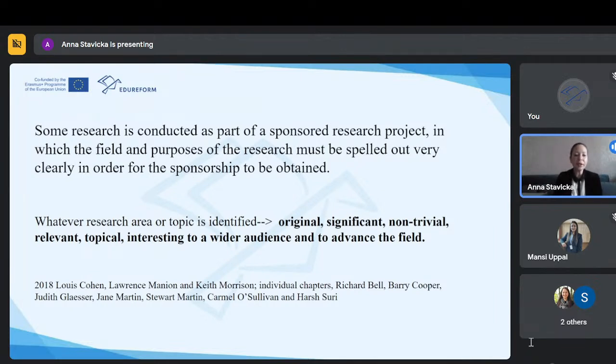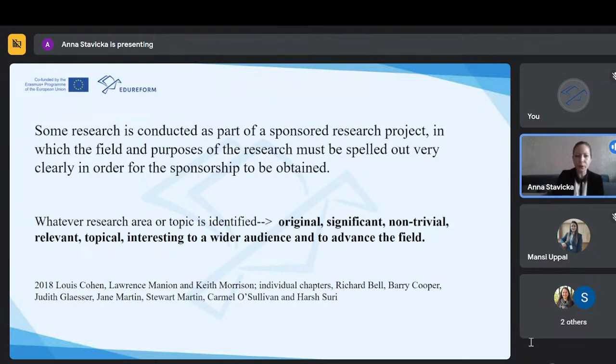So whatever the research area or topic identified, it should definitely be original, significant, non-trivial, relevant, topical, interesting. I don't like the word interesting, but here it goes quite well, meaning interesting to a wider audience, and of course it should advance the field.